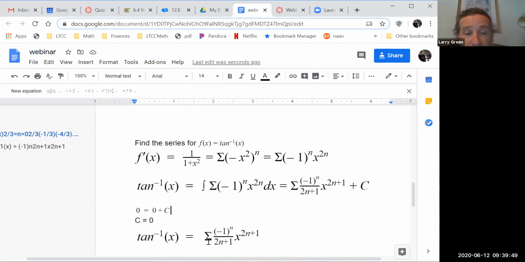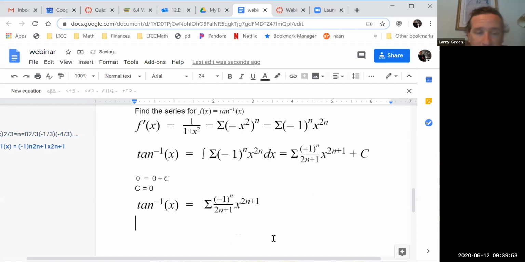Notice that the inverse tangent of x is an odd function, because we only have odd powers of x. You might have learned that from trig also, I don't know. But it's really easy in power series to know that it's an odd function, because 2n plus 1 is odd. Any questions on this example?